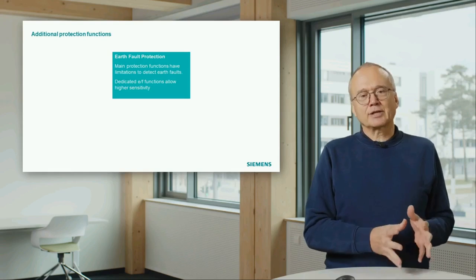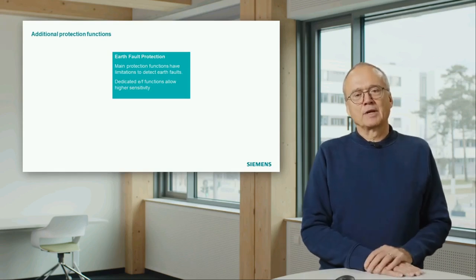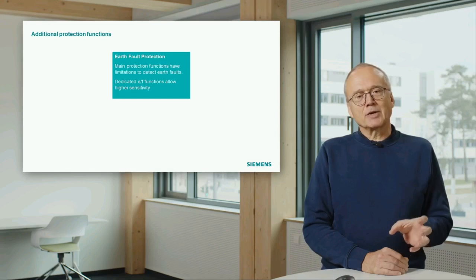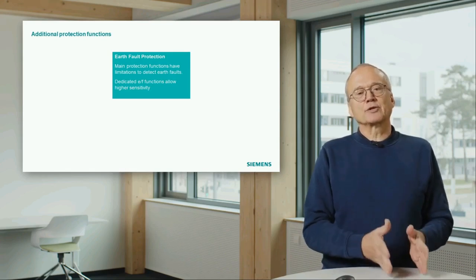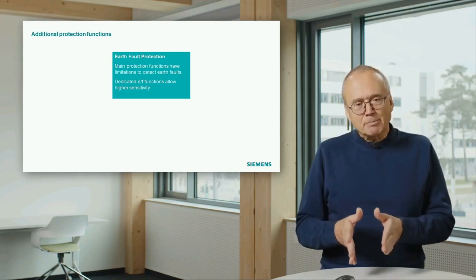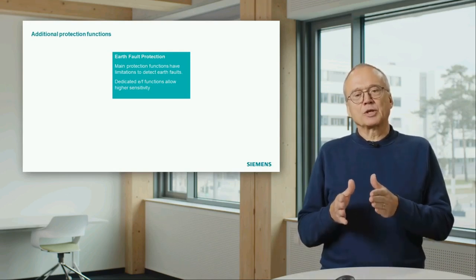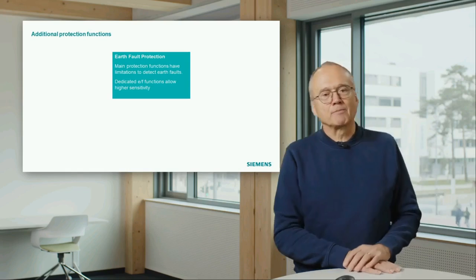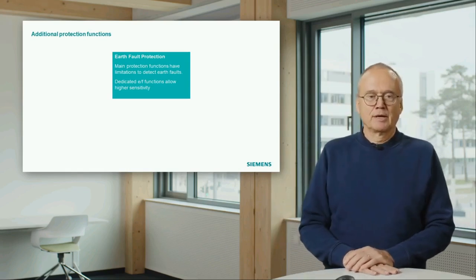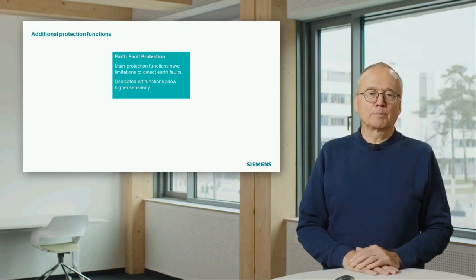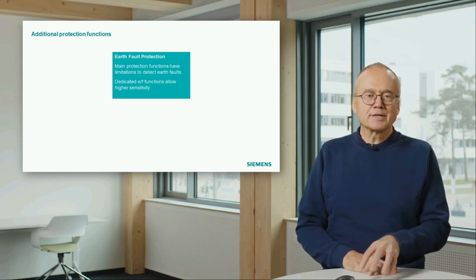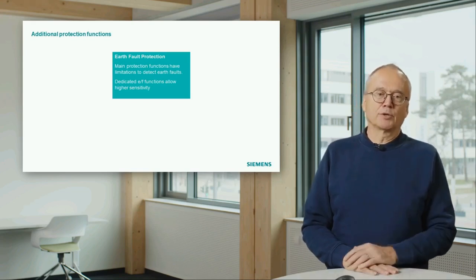They cannot catch high resistive faults. And in some areas, it may be necessary to install separate protection functions to detect high resistive faults which cannot be detected by the main protection functions. And these are earth fault protection functions in systems with grounded star points.